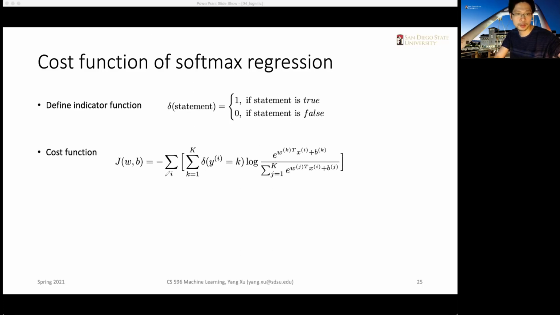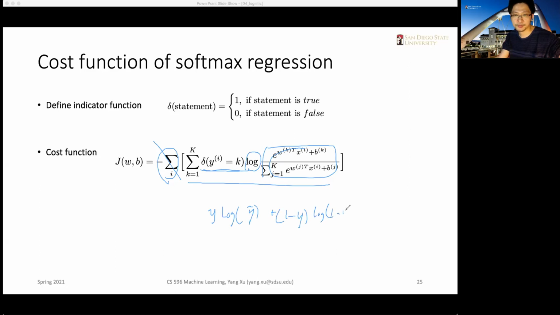If we don't look at the outside sigma, because it sums up over all the data points, and just look at the inside, there's an indicator and a logarithm function. It looks actually pretty similar to logistic regression, right? If you remember, logistic regression is y times logarithm y hat plus 1 minus y times logarithm 1 minus y hat.